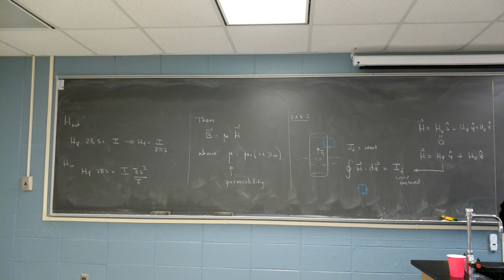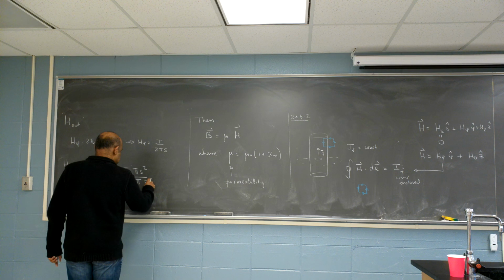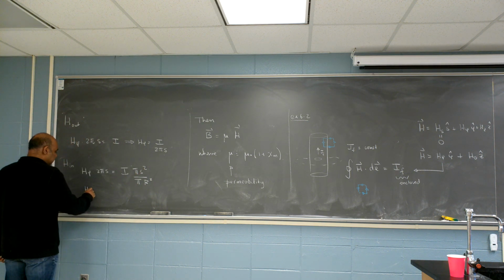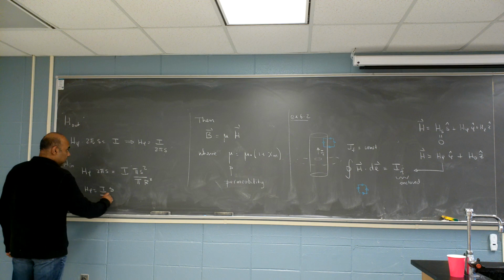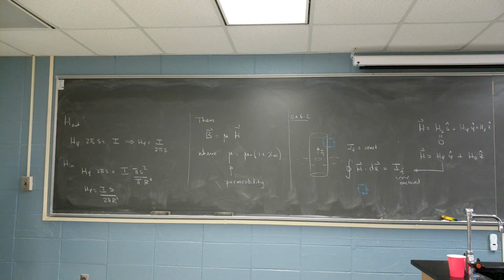Yep, r. Pi r squared. Of course, the pi's cancel. And then H phi is equal to I s over 2 pi r squared. Is that clear?